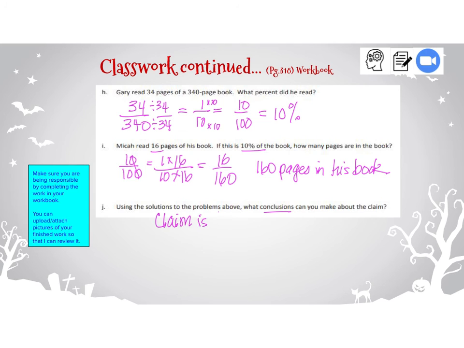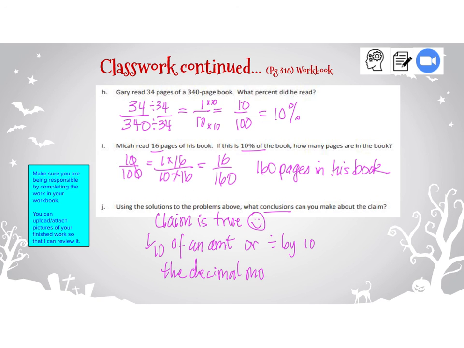So if you're finding 1/10 of an amount, or dividing by 10, which is the same thing, the decimal moves to the left 1 place. That is correct.